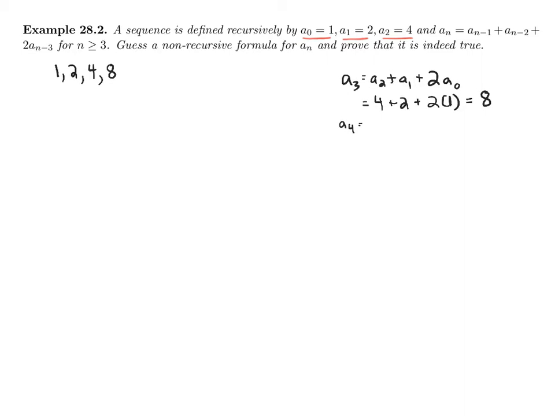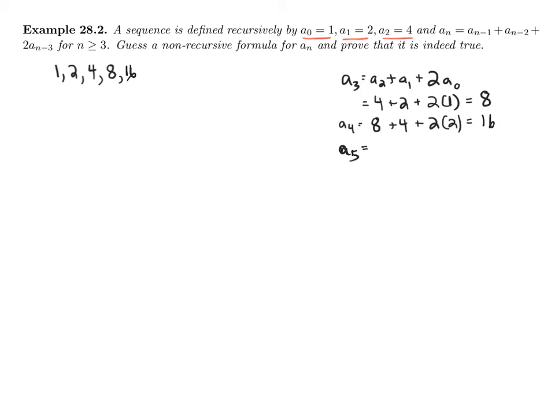Let's calculate A4. So that's going to be 8 plus 4 plus 2 times 2. So that is, of course, you can check, 16. Let's do one more, then I think we can take a guess at what this formula is going to be.